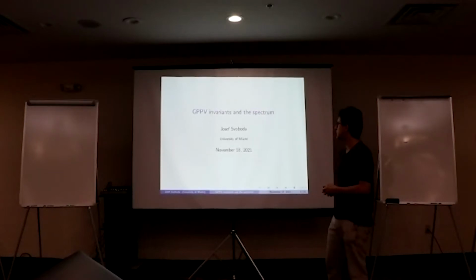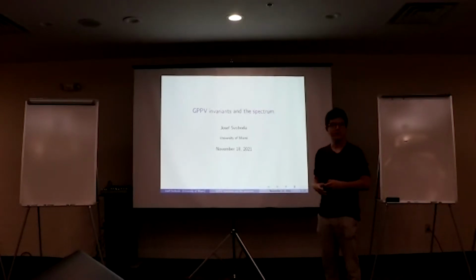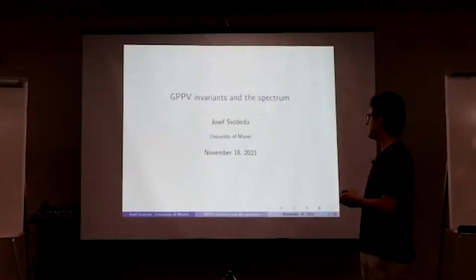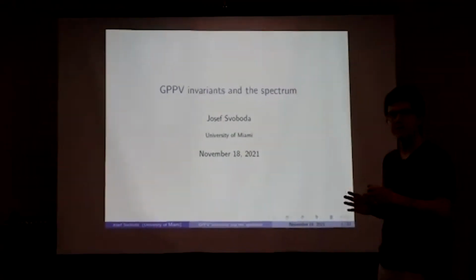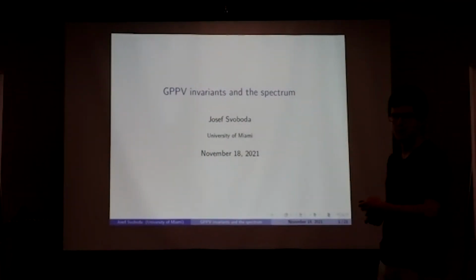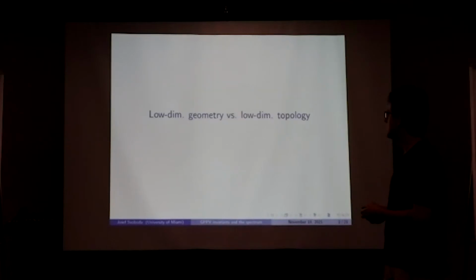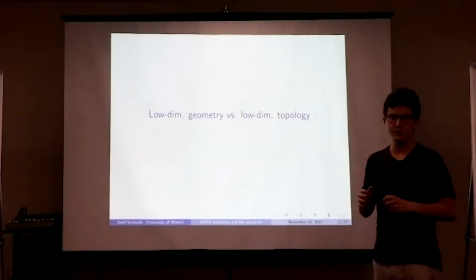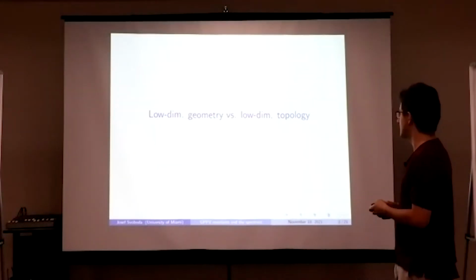Okay, so my talk is about the relation of some invariants, which you already know from the books or lectures, and some invariants which come from geometry. So basically, it is about the interplay of low-dimensional topology and low-dimensional geometry, which is a very vast and broad subject.